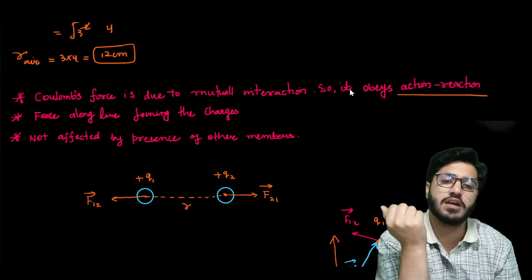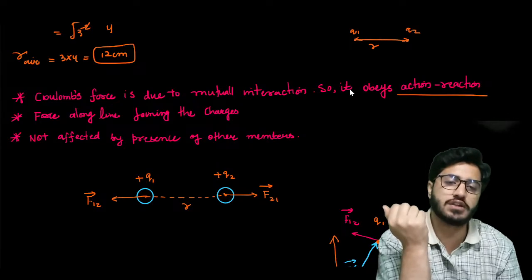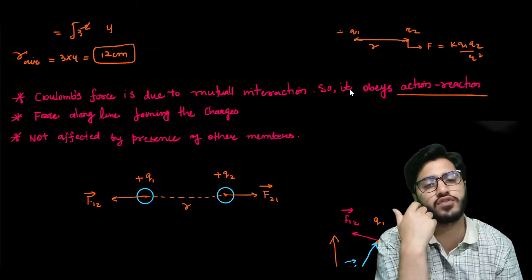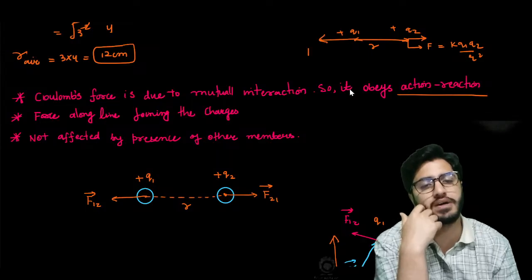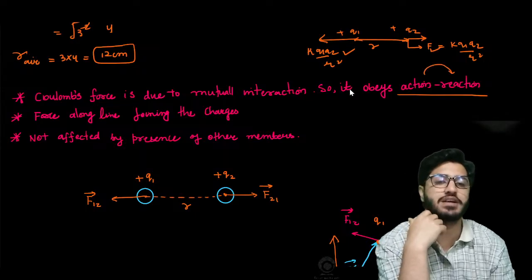Here we have a charge q1 and a charge q2, both separated by distance r. The force on this one equals the force on this one, k q1 q2 by r square. If both are positive, it will be repulsive, but the magnitudes of forces will be the same. Equal and opposite, action pair, reaction pair.